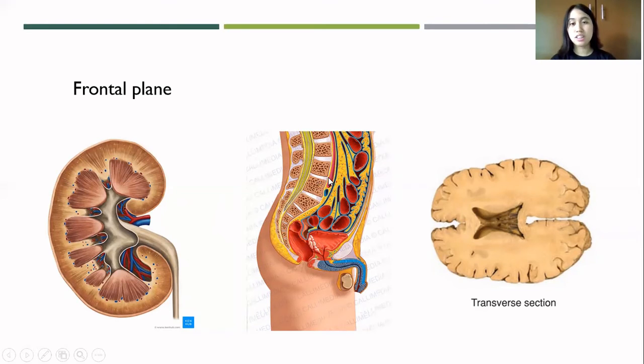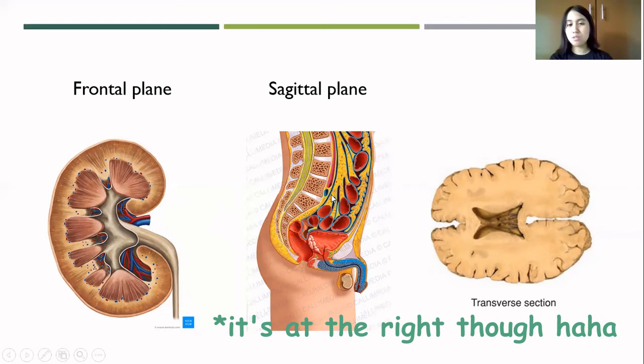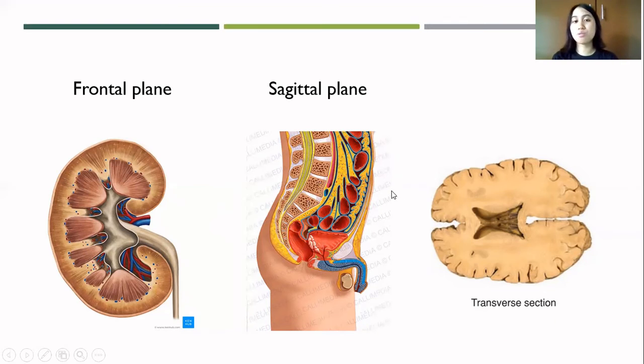Next, what do you think in the middle? What kind of plane is it? If your answer is sagittal, then you're right, because this human is standing at the side. I can't tell whether it is the left or the right side of the body, but as you can see, it is a side view, so it is sagittal, because the division would be the left or the right.